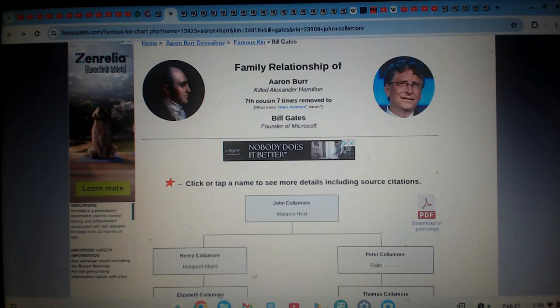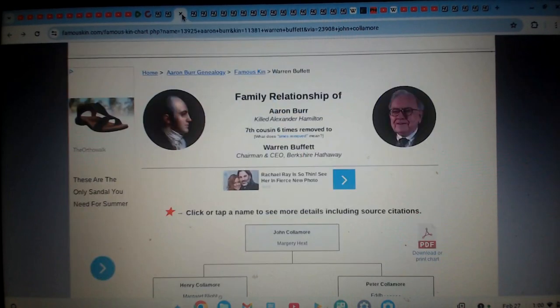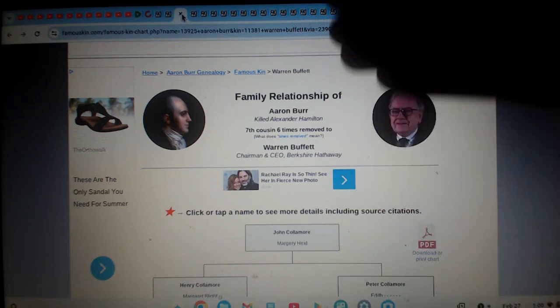So anyways, getting to what I was saying about how they're nodes hooking up these people. Here's this one. Look, this is Bill Gates and Aaron Burr. They have a common grandfather, John Callamore and Marjorie Hext. And then look at Warren Buffett. Again, John Callamore and Marjorie Hext. See, this is a node, just like the kings.